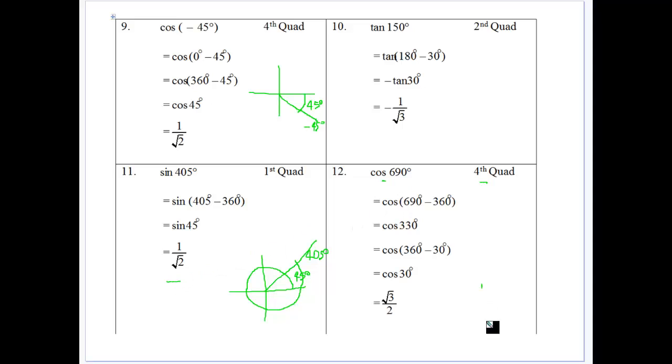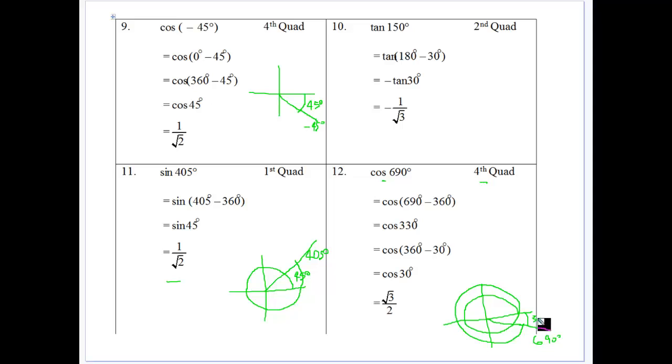690, well, again, where is 690? We go around a 360 degree circle and we're going again. So we would be round to the fourth quadrant because it's almost 2 complete revolutions. 2 complete revolutions would be 720. So we're 30 degrees off that.